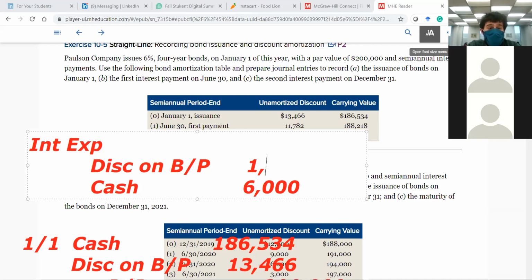Okay. The way I did it, by the way, is I took the 13,466 and subtracted the 11,782. That's the same change, the carrying value change, the discount change. I had 1,118. So 1,118 and 466 is 1,584. That sounds about right.